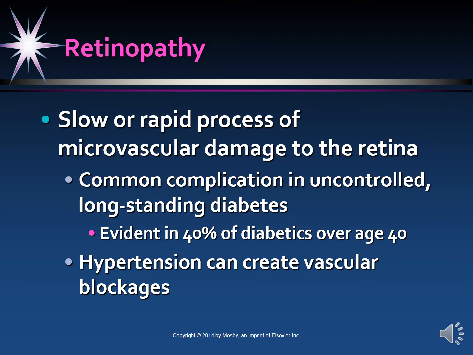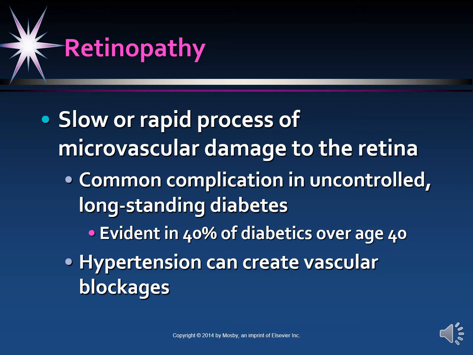The non-proliferative, which is most common, has little microaneurysms that affect the capillaries and cause retinal swelling, ruptures, hemorrhaging. The proliferative, which is least common, causes the new formation of collateral circulation, and these new capillaries are weak and fragile and they leak and cause edema to the retina.